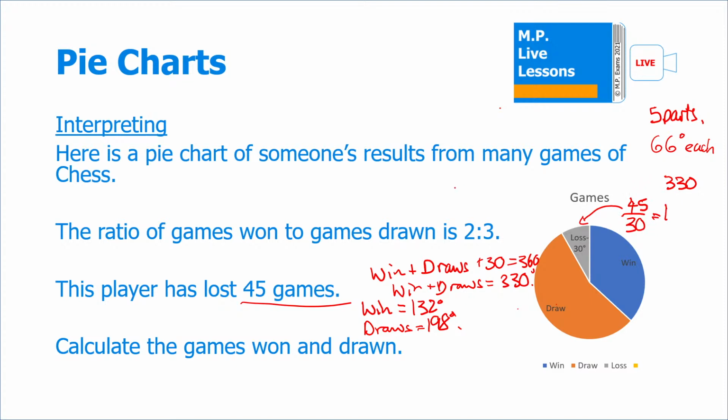So that would be 1.5 games per degree. When we use this information, 132 times 1.5 gives 198 games. The 198 times 1.5 gets 297 games.